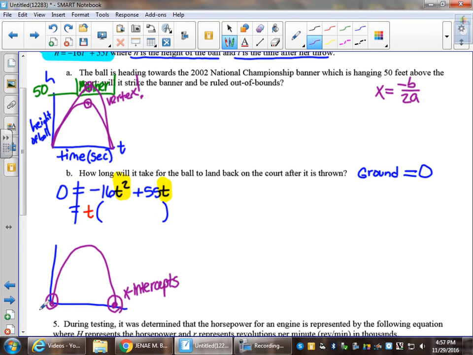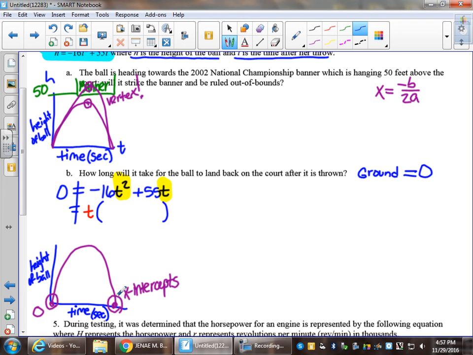Because we have set the height equal to 0, and we're finding these values. This is still height of the ball. This is time in seconds. So when you find your answers, you're answering how long will it take for the ball to land back on the court. We're finding values for time.